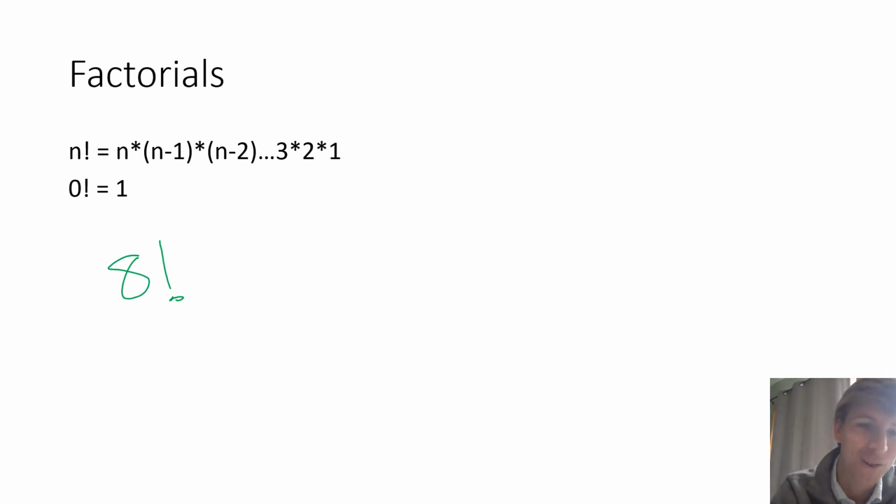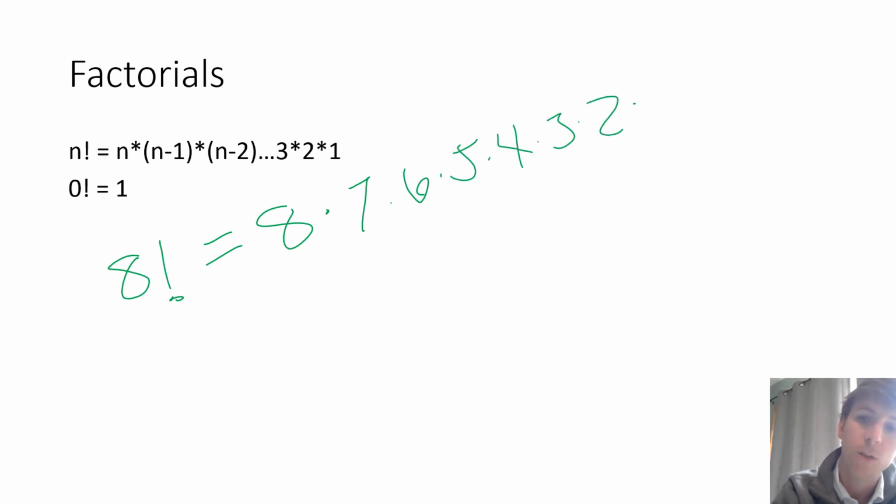That was just 8 times 7 times 6 times 5 times 4 times 3 times 2 times 1. In general, n factorial is just the value n, and you're subtracting 1 from the previous value, multiplying down that row until you get all the way to 1. Here's a special case.